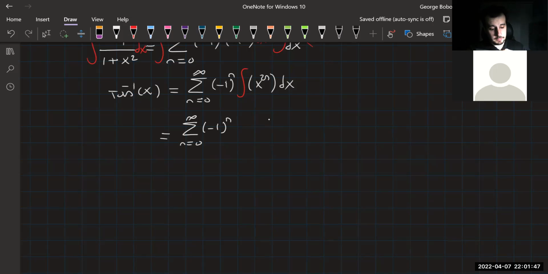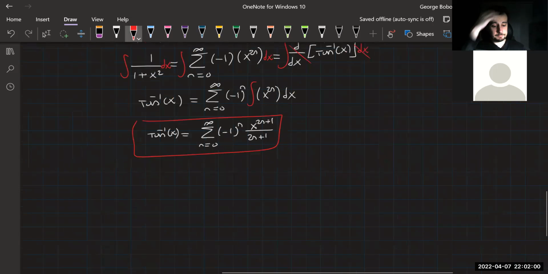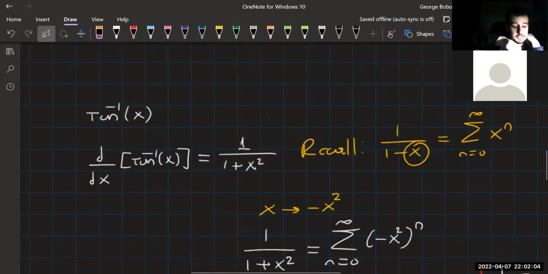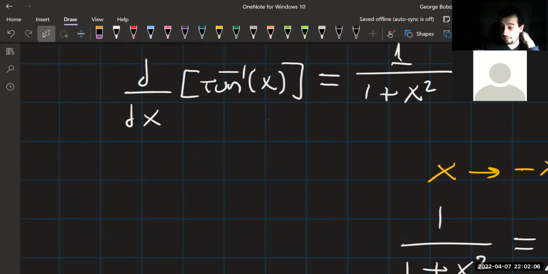X to the power of 2n plus 1 over 2n plus 1. Exactly. And that is the power series of tan inverse. You use the trick there. We basically took the derivative of this.